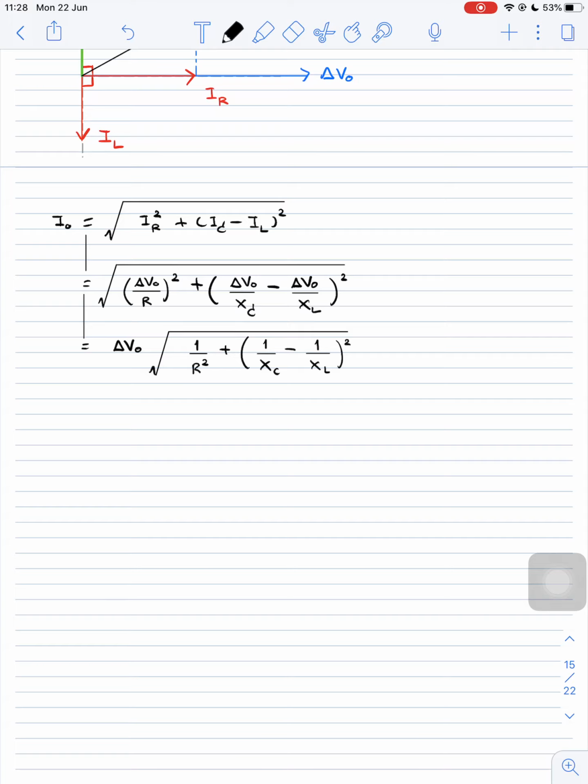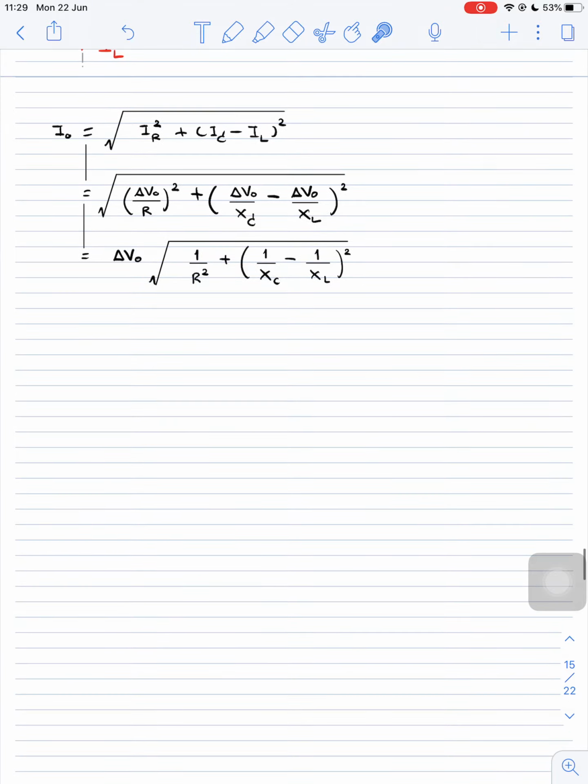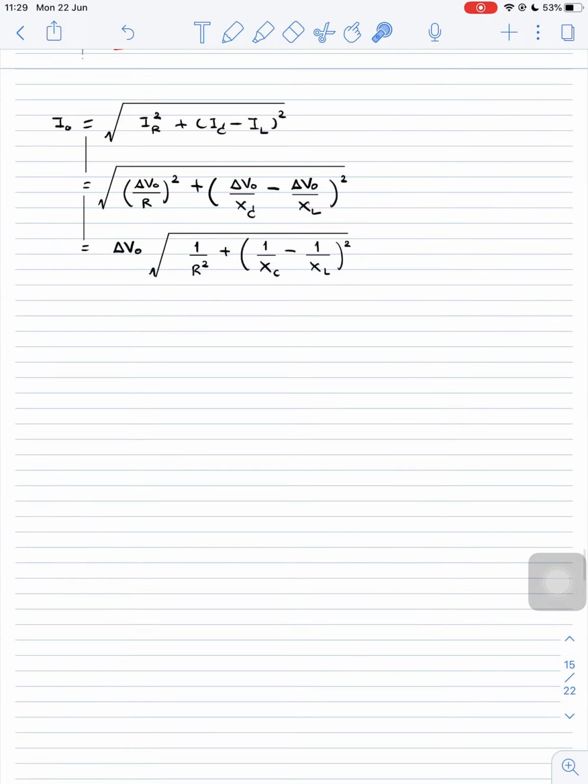Now let's look at the unit of this term. Let's just consider this one, the 1 over R squared and then square root. It means that the unit of this term must be equal to 1 over R. So R is resistance, with unit ohm.